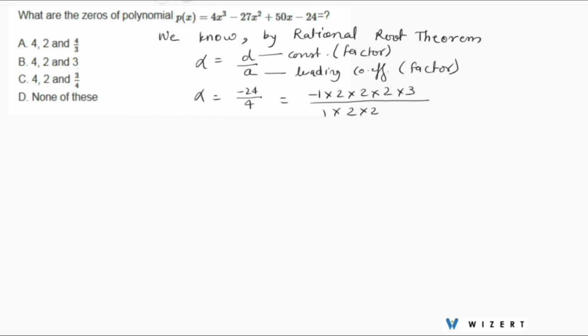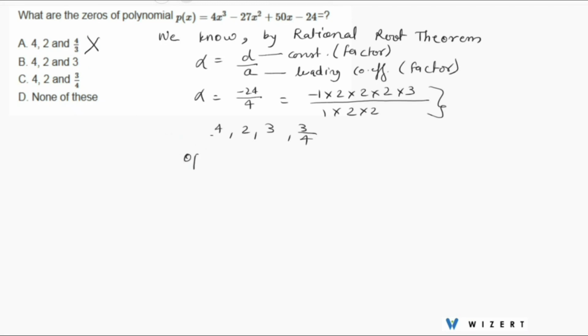Now from the given options we can form 4, 2, 3 and 3 by 4 as rational roots using this theorem. So option A immediately cancels out because we cannot form the 4 by 3 root for this particular polynomial.